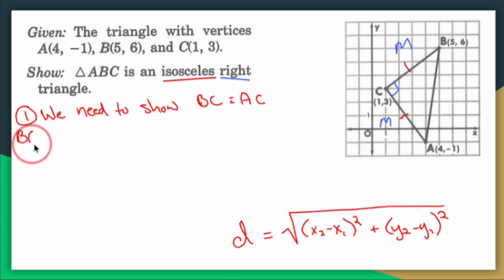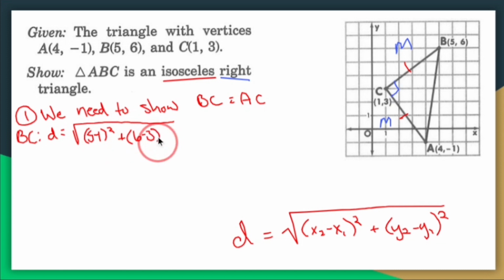I will explain that for BC, I need to find the distance, and the distance is a big square root. Let's say that B is our 2's and C is our 1's. So if I'm doing x sub 2 minus x sub 1, that is an x. So 5 minus 1. So 5 minus 1 squared plus 6 minus 3 squared.